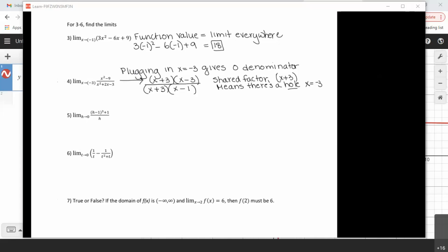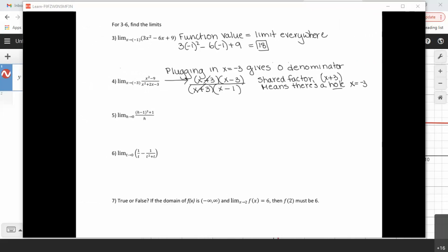Now what I need to see is if I factor out the hole, can I plug in the negative 3? Let me see if I can do that. I'm going to plug in negative 3 minus 3 on top, negative 3 minus 1 on the bottom.